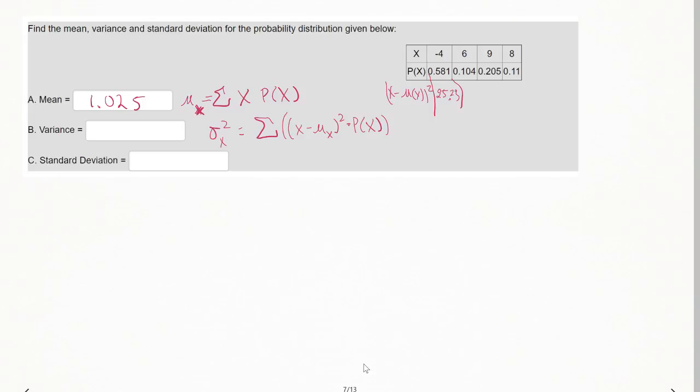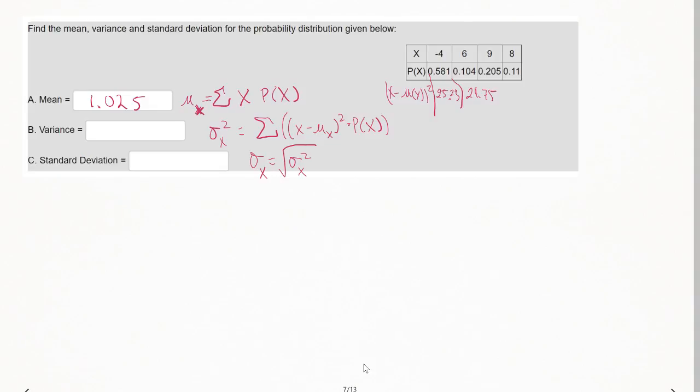That's 25.25 in the first case. Then when I take 6 minus 1.025 and square that number, I get 24.75. And I'd have to take each of these and multiply by the probability. That's one method. That's going to be quite tedious, right? Well, the easier way, and by the way, the variance is just the standard deviation squared. So we take the square root to get the standard deviation.